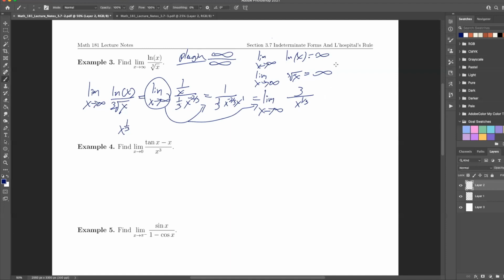If I take this limit, the denominator goes to infinity and the numerator stays 3. So if I just plug this in, I'll get 0, since this is some number, and remember, anything over infinity is 0. Okay, so we get just a 0 here.